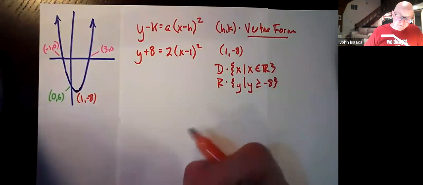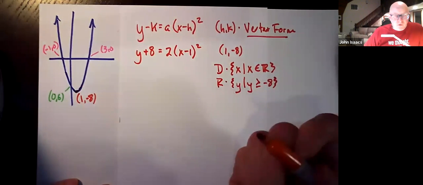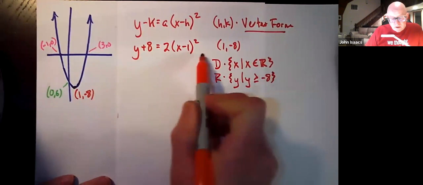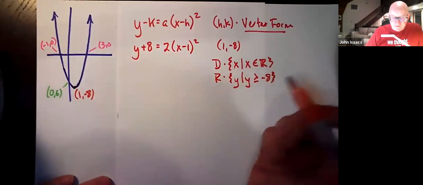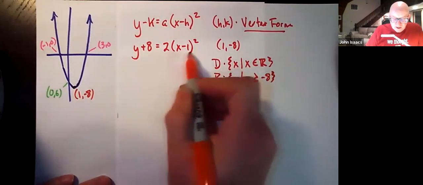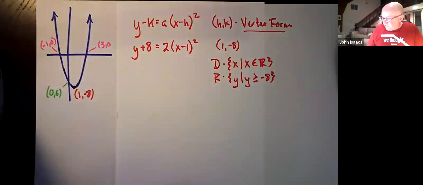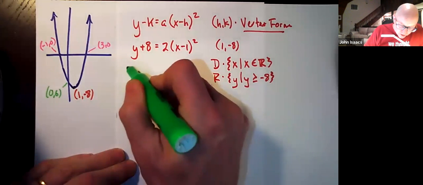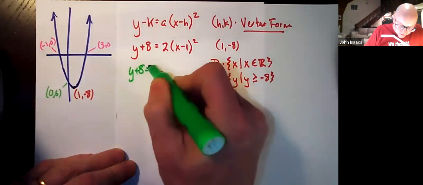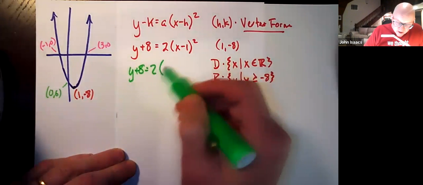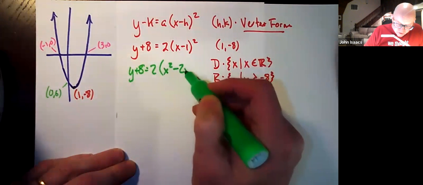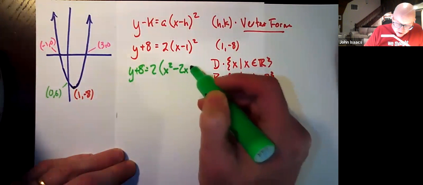Now, I want to also show you another form called standard form. In order to get the standard form, we're just going to multiply this out and get y by itself. So let's first deal with the x minus 1. I'll work in green. So y plus 8 equals 2 times, let's see, x minus 1 times x minus 1 is x squared minus 2x plus 1.